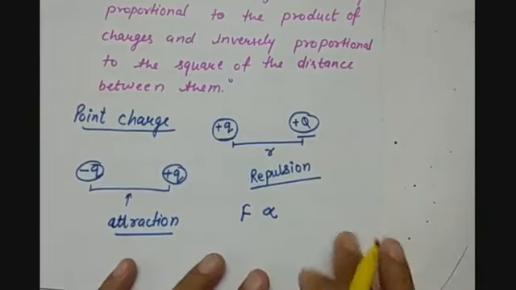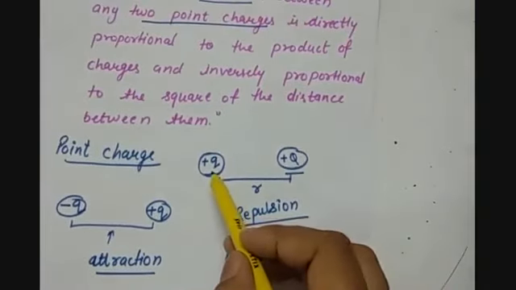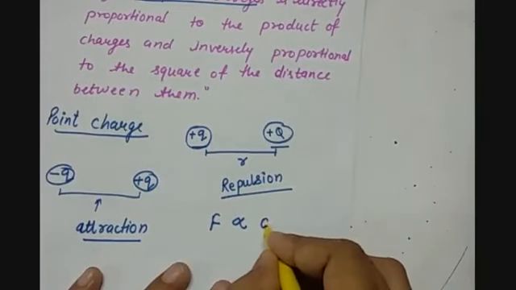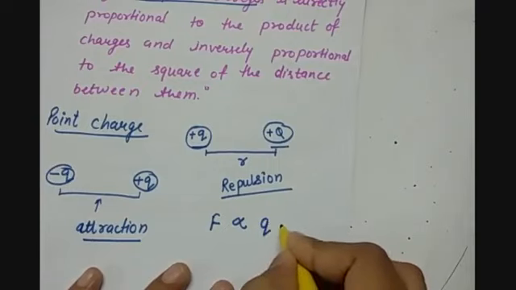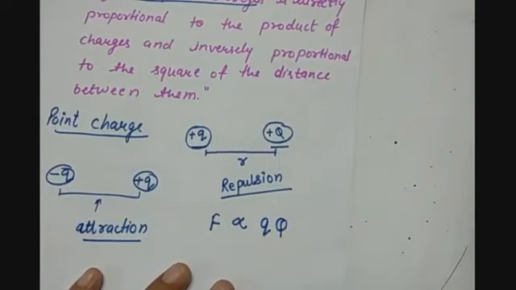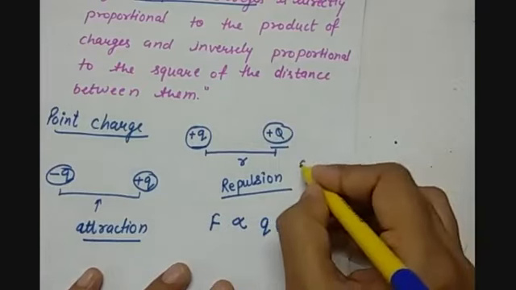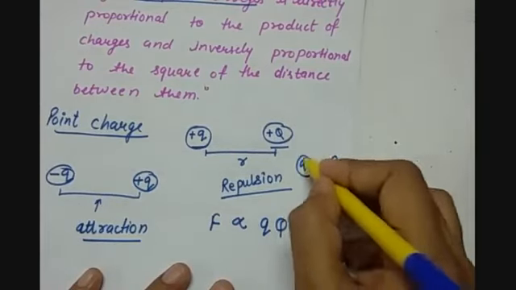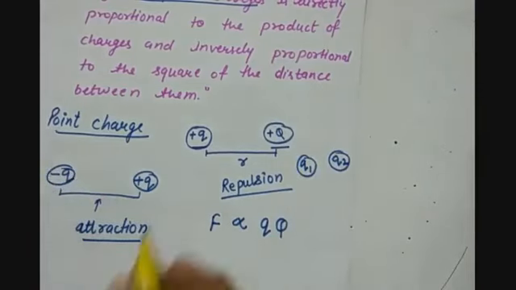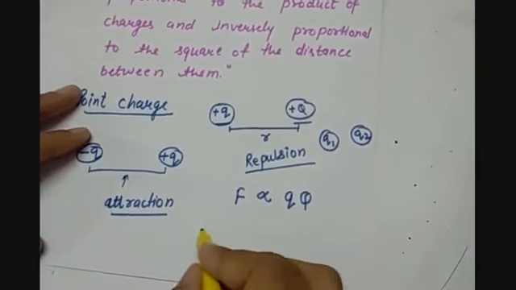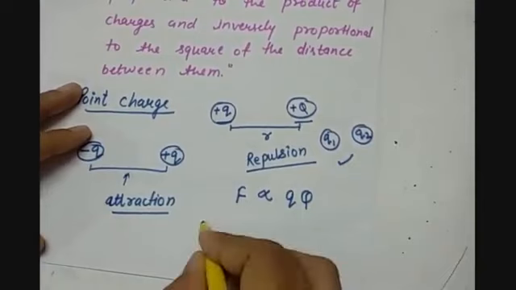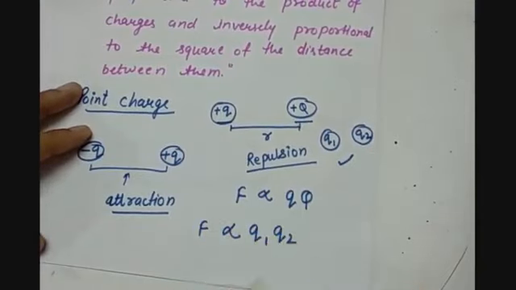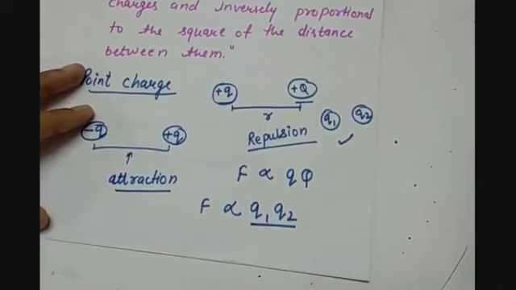Let's say we are talking about Q and capital Q, so the product of charge will be Q and capital Q. You can also have Q1, Q2, if we are not taking it as plus Q. In this case, force will be directly proportional to Q1 Q2, that is the product of two charges.